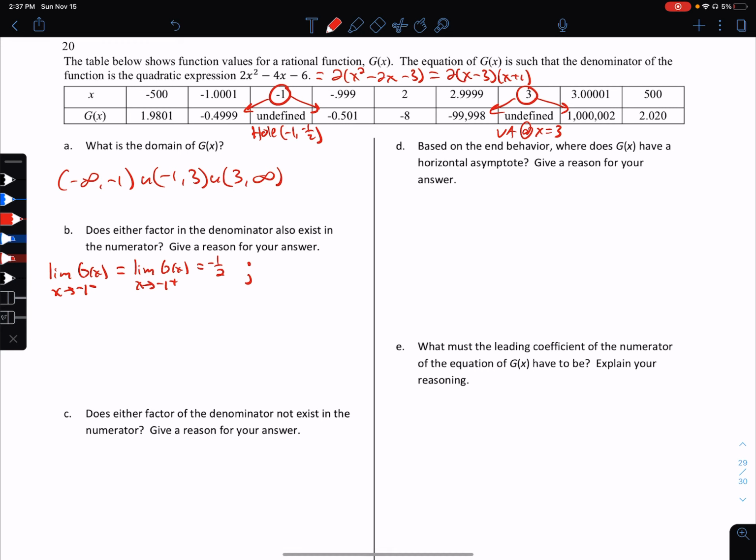And if we couple that with the fact that g of -1 is undefined, therefore it could not equal -1/2, this tells us there has to be point discontinuity. So the conclusion we can make is g of x has point discontinuity, specifically at x equals -1. And the conclusion we can draw from that is the factor of x plus 1 has to exist in both the numerator and denominator.